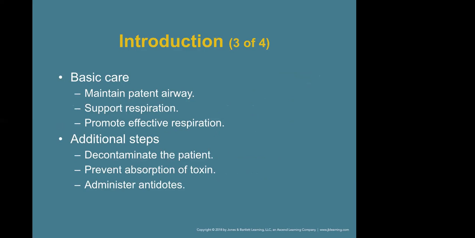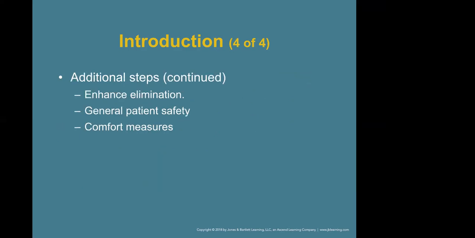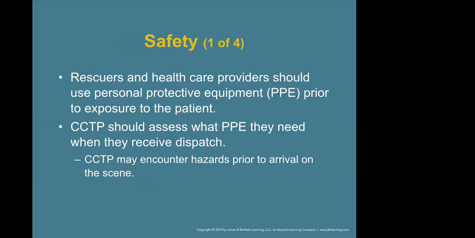And then we're going to go ahead and provide antidotes when appropriate, or dilutions when appropriate. We're going to try to enhance elimination and make sure that it's properly eliminated out of the body safely, and make your patient comfortable, because this process will not be great.